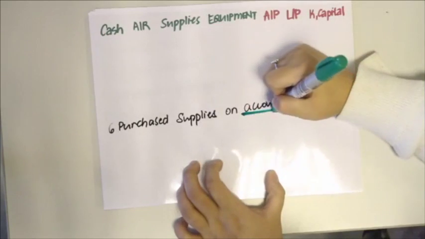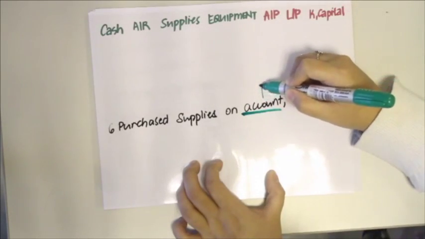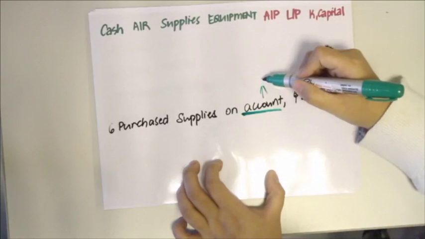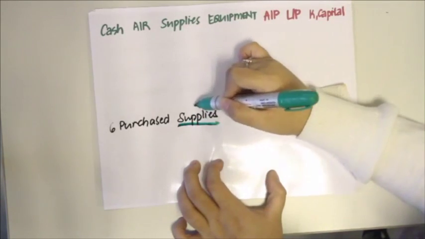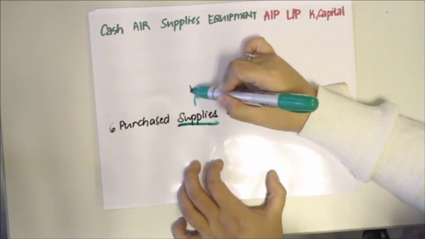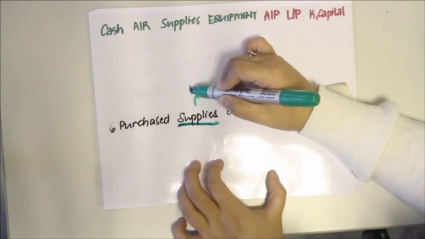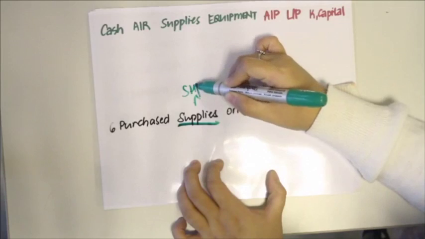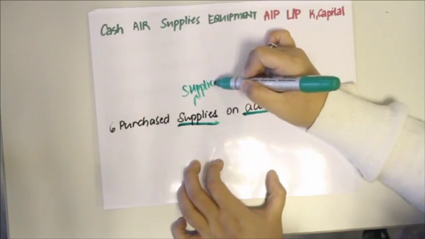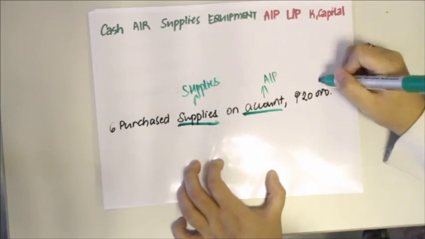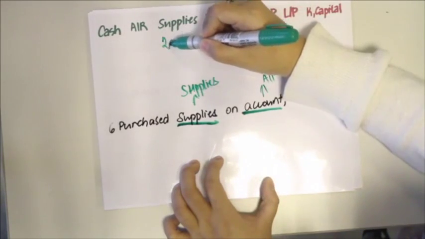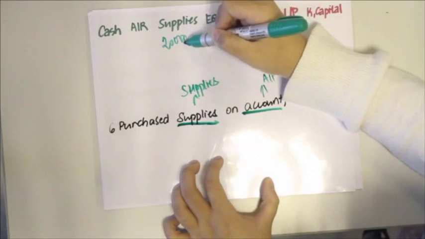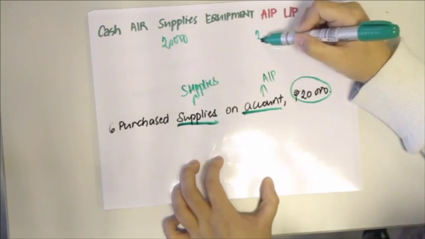Since this was on account, it's understood that you have an increase in your accounts payable, and since you purchase supplies, you have an increase in your assets, particularly your supplies. Both for 20,000. So simply record the transaction here.